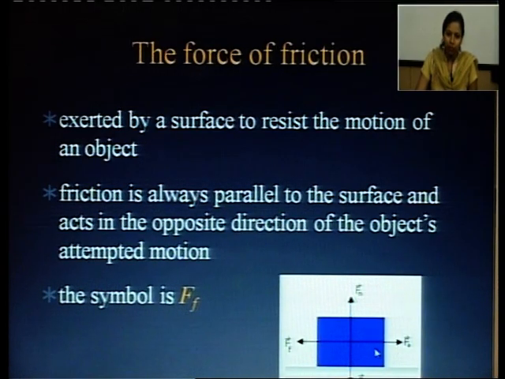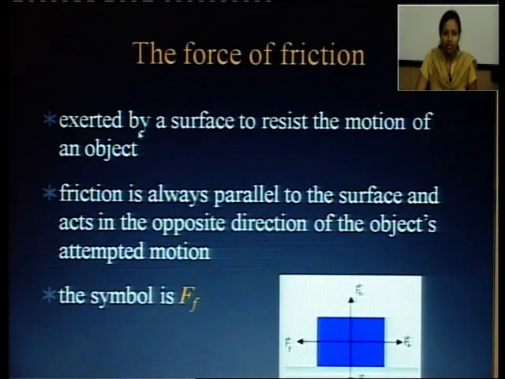So if the body is moving in this direction, then the force of friction is in the opposite direction. This is a free body diagram including friction. There are four types of forces acting on a body: its weight, the normal reaction, the force with which the body is moving, and the force of friction.